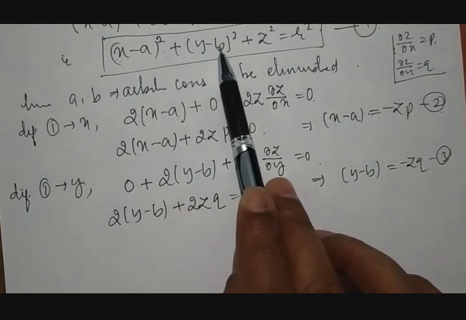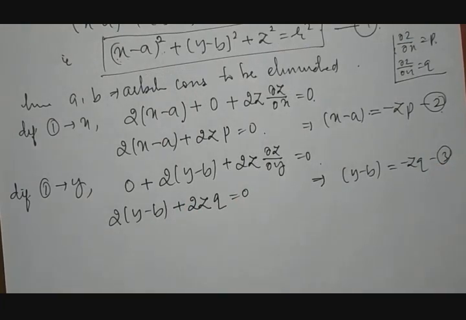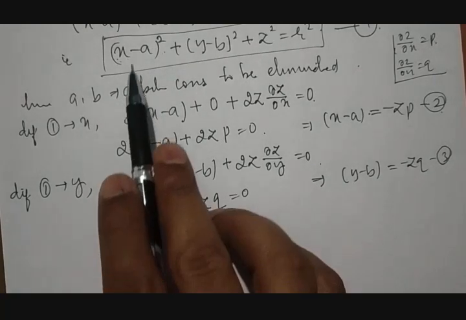Already these terms are available in equation number 1. Our aim is to eliminate a and b, where a and b are associated with x and y, and that can be substituted easily.